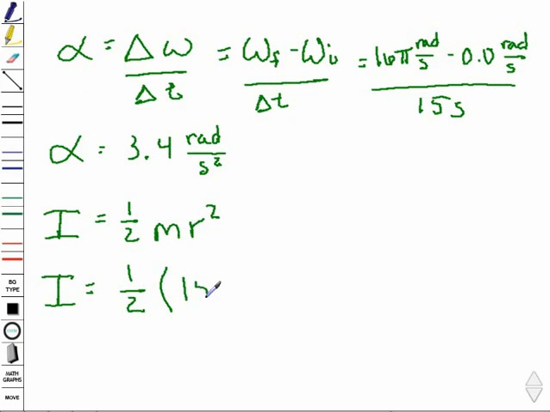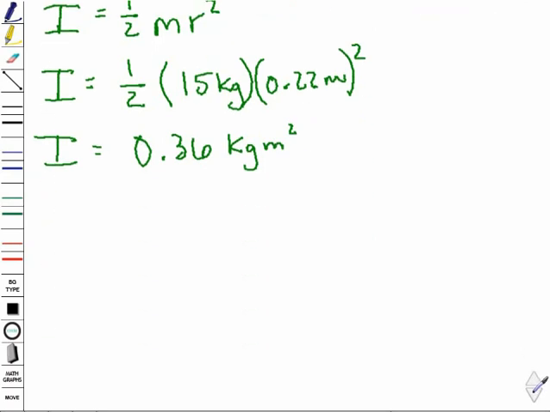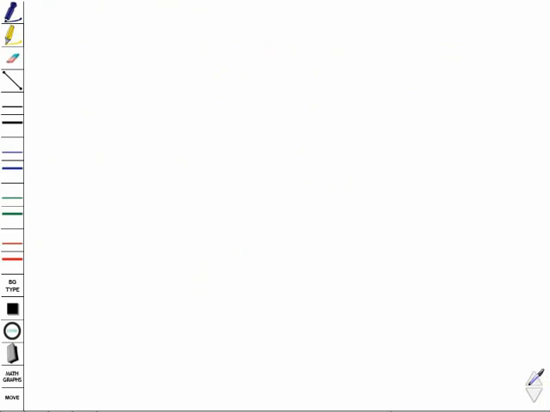The mass of the disk was 15 kilograms, and the radius we determined was 0.22 meters. Don't forget to square it. So we find that our moment of inertia was 0.36 kilograms meters squared. Now that we have our angular acceleration and our moment of inertia, we can solve for the torque involved in this problem.